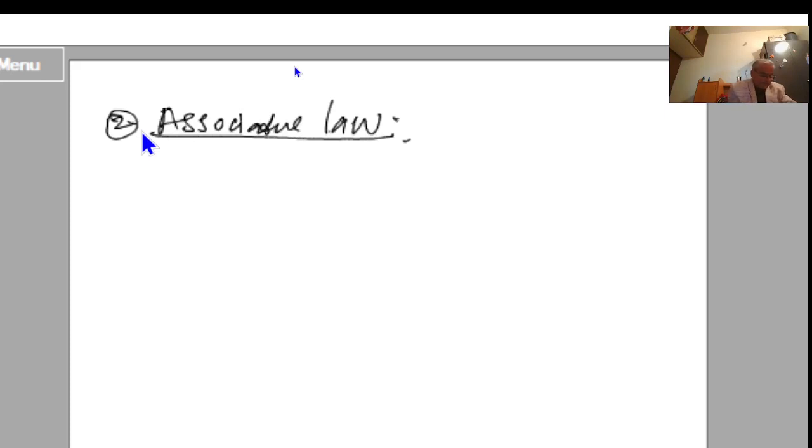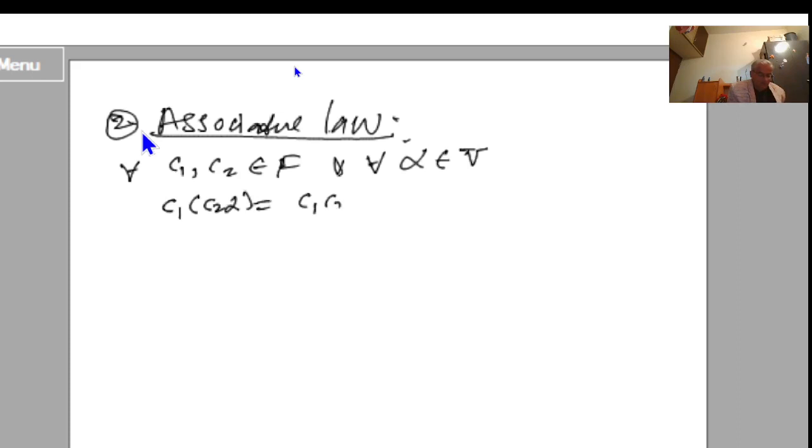For all C1, C2 belongs to F and for all alpha belongs to V, C1 into C2 alpha is equal to C1 C2 into alpha. This is known as associative law. While considering associative law, I have taken C1 and C2 in F, alpha in V. That is, two elements from F, one element from V.